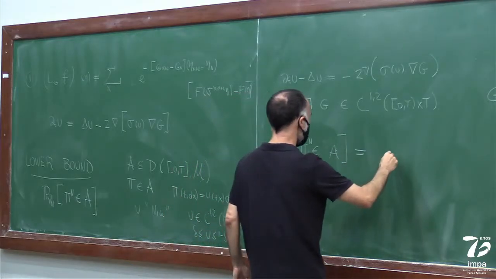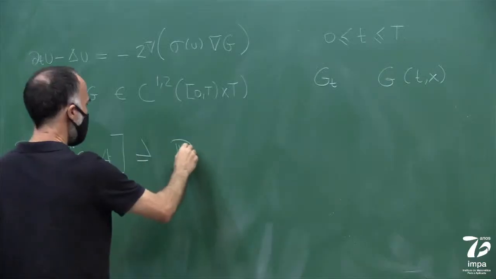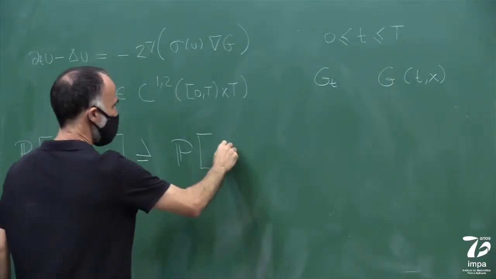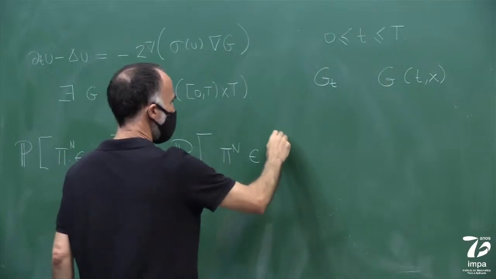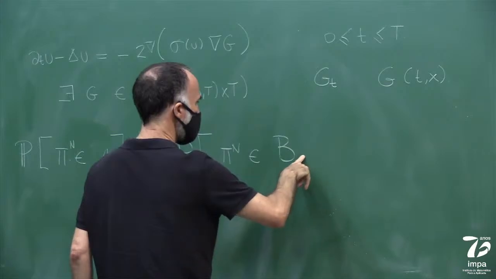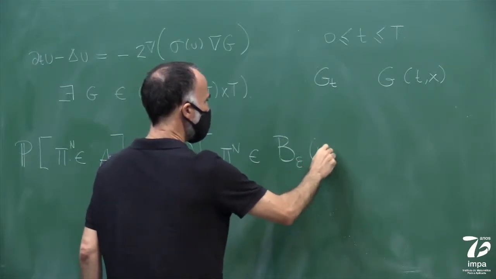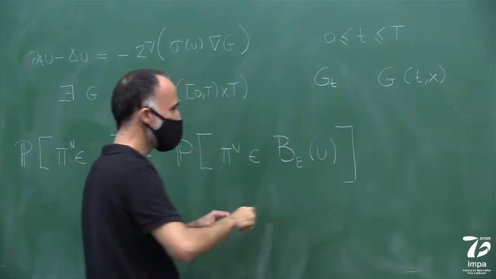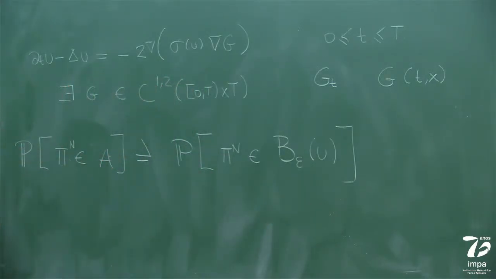Now this is certainly larger than the probability that pi n belongs to a ball of size epsilon around u. So you take a tube of size epsilon around u. Since A is an open set, I can find a neighborhood of u which is contained in A.